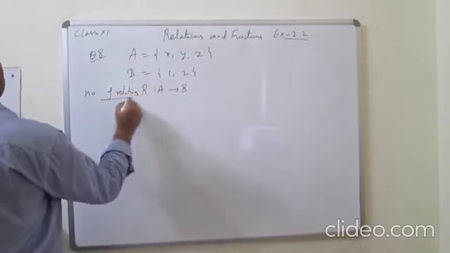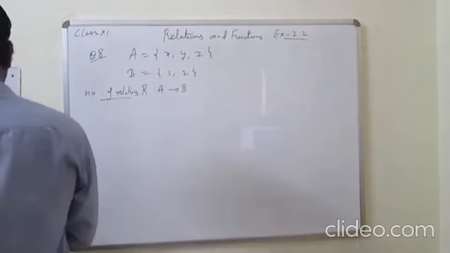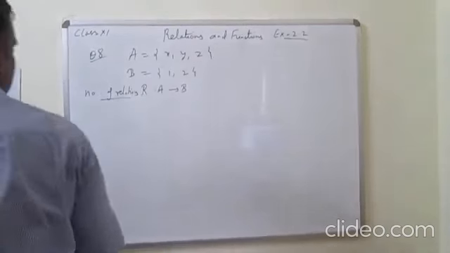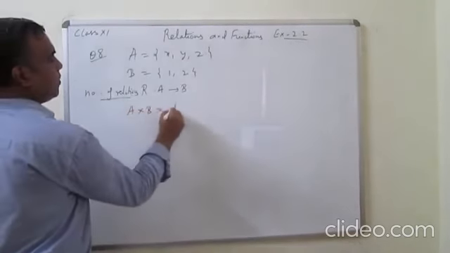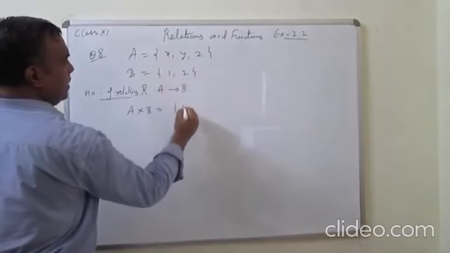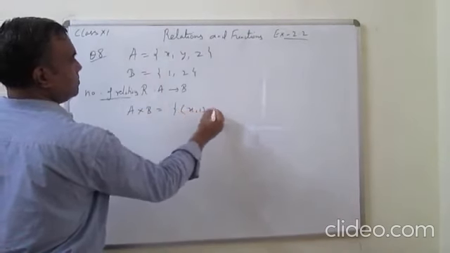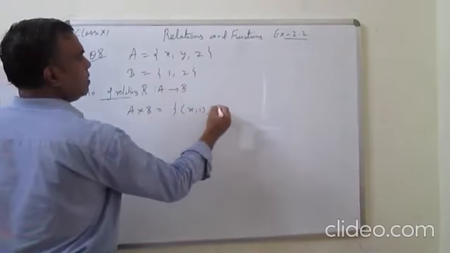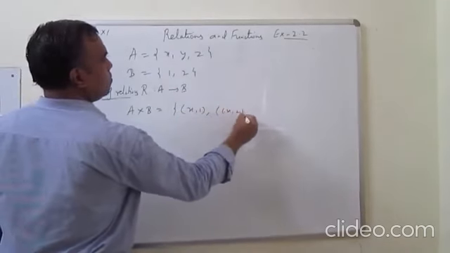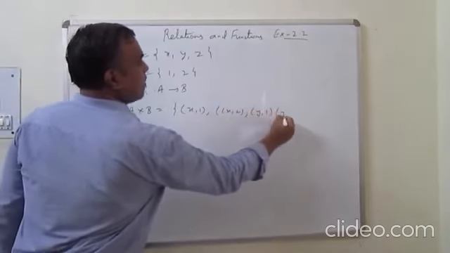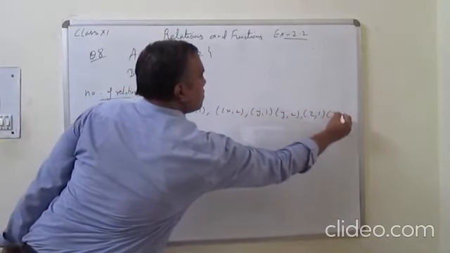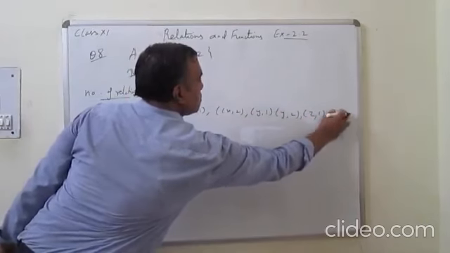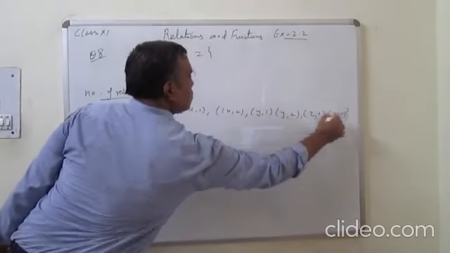So first we find the Cartesian product A cross B. It is (x, 1), (x, 2), (y, 1), (y, 2), (z, 1), (z, 2).